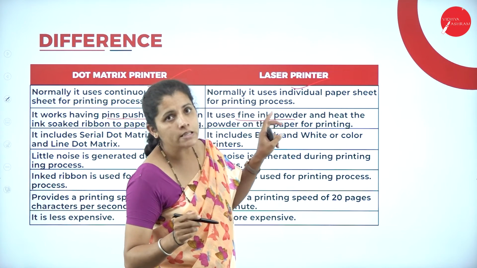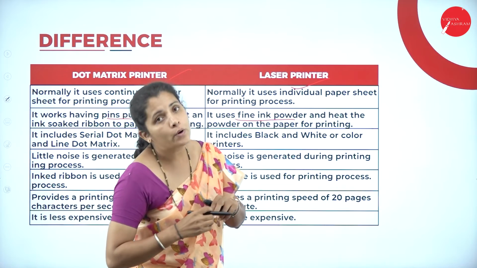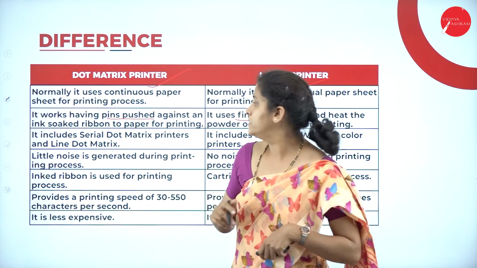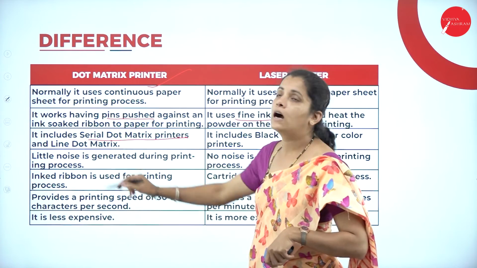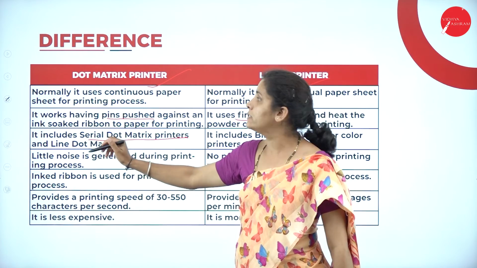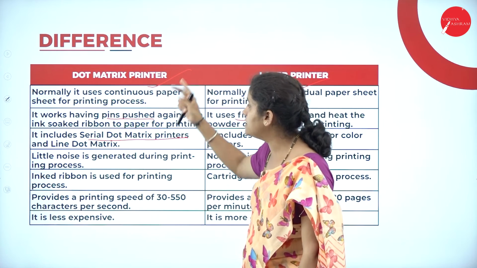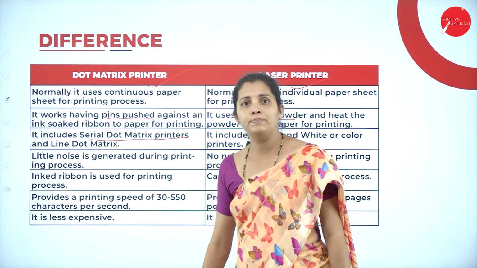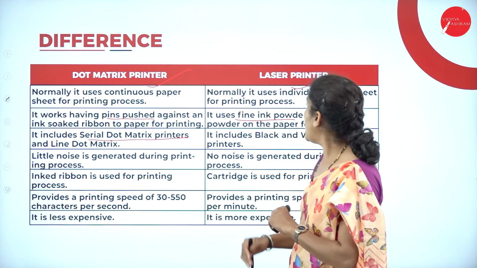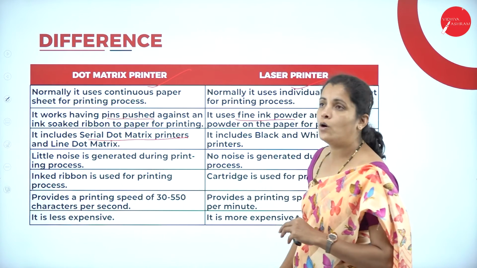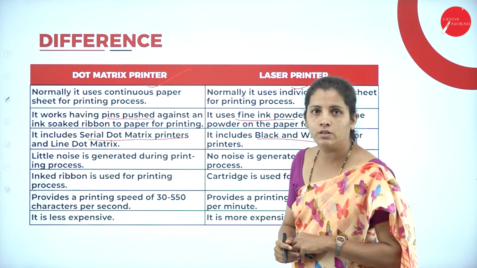Dot matrix printers include serial dot matrix printers and line dot matrix printers, whereas a laser printer gives you a black and white or color printout.